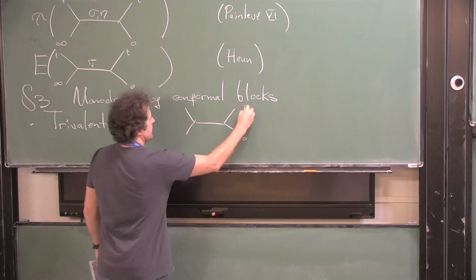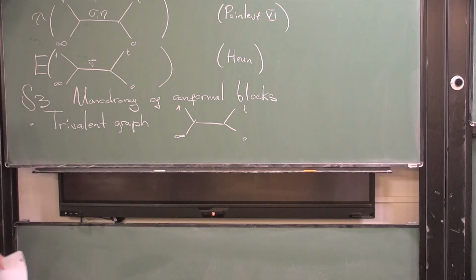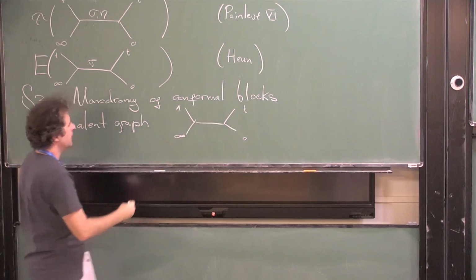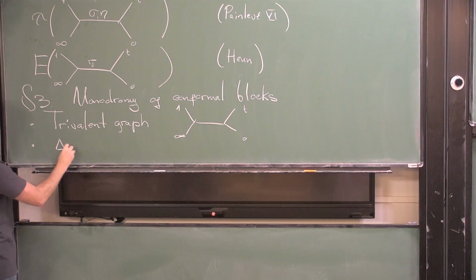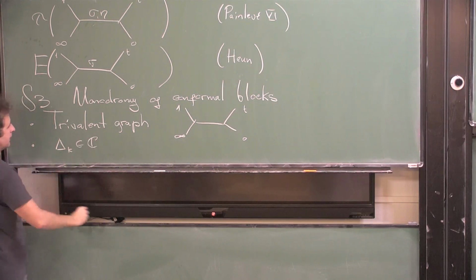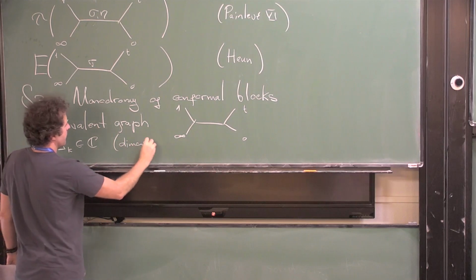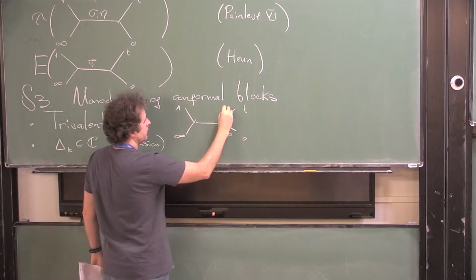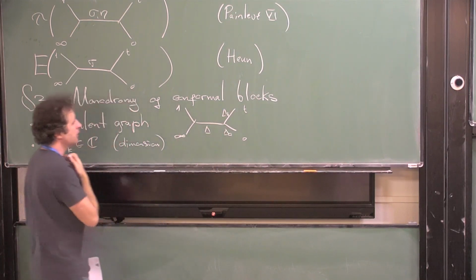So just as above, we can put here the punctures. And so to each edge of this graph is attached a complex number delta, the conformal weight, the conformal dimension. So here we have delta naught, delta t, delta, and so on.